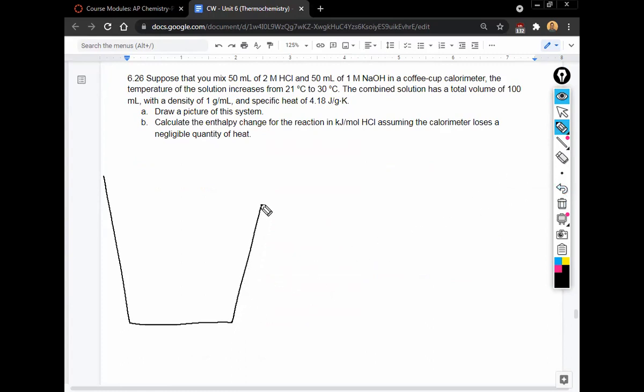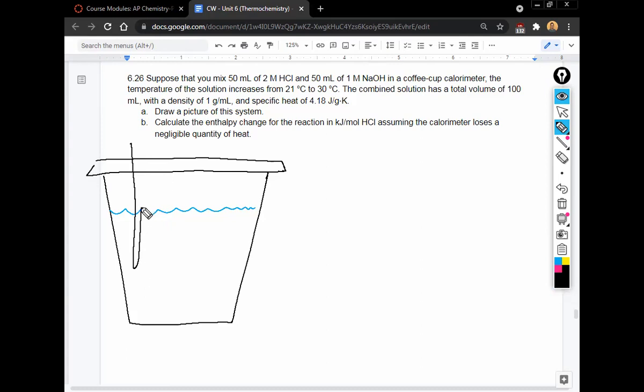Okay, so we're going to draw a calorimeter. Okay, this is Mr. O's calorimeter. It kind of looks like a Chinese food takeout box, right? Okay, and then inside our calorimeter, we're going to have some water. And then I'm going to draw a little thermometer in here. So this is going to be my thermometer.